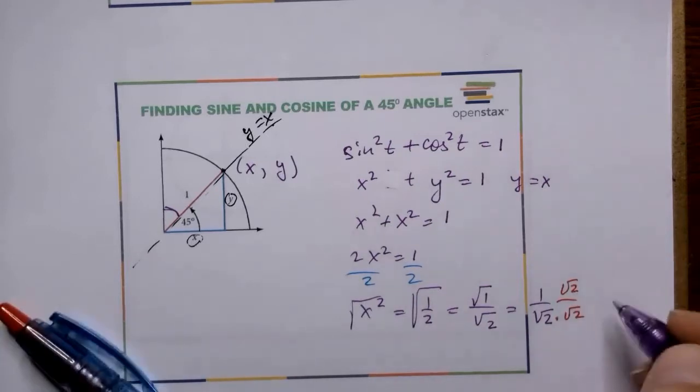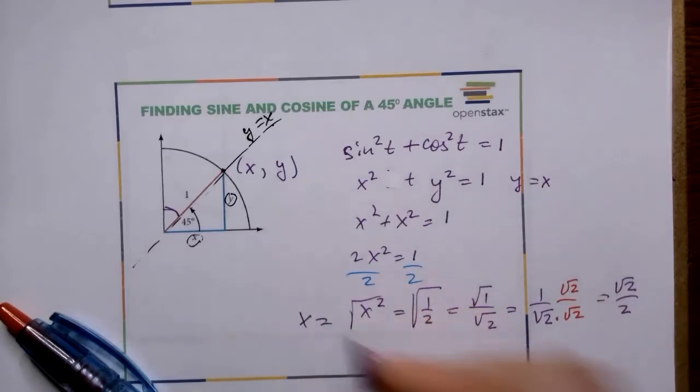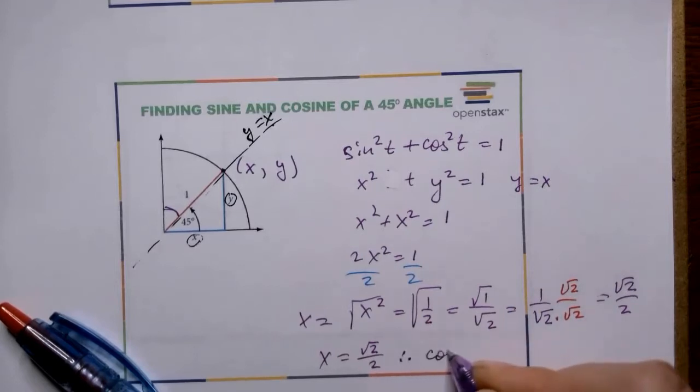So our final answer is square root of 2 over 2. Okay, so our x equals square root of 2 over 2. So therefore, the cosine of 45 degrees equals square root of 2 over 2.